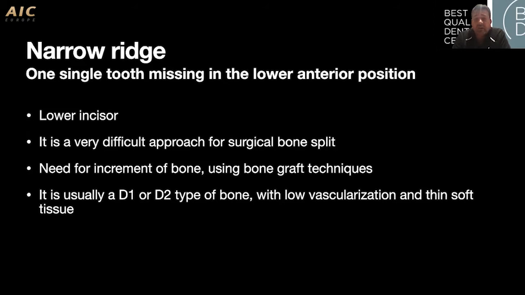But in the beginning of this presentation, I told you that we have basically 2 ways of approaching the narrow ridge. It is the difference between doing a cortical split when you can do it, when we have the conditions for choosing this approach, or in this case, in this example that I'm showing to you right now, when we have no space for a bone split, and the option was adding bone.